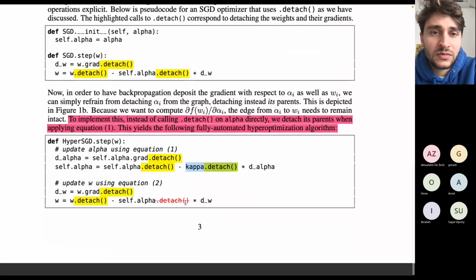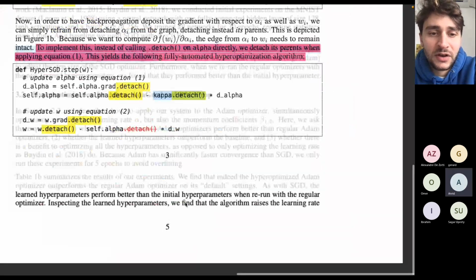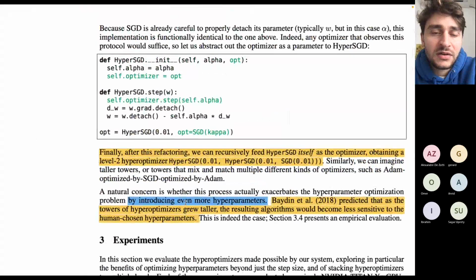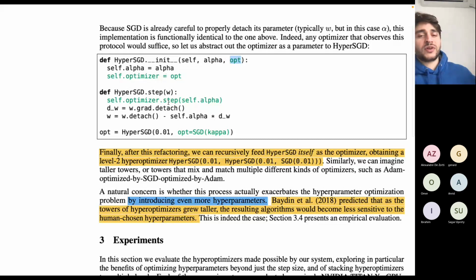I like this pseudocode, by the way. I think it really helps you understand the method. If, when you create your optimization algorithm, like HyperSGD, instead of just passing in alpha, the hyperparameter of the optimizer, you pass in the optimizer as well, then you can call this recursively.